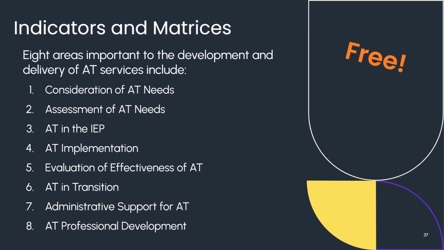Personally, over the years, I found that 7th indicator, administrative support for AT, can be really helpful in advocating to some of your building administrators and supervisors for support with some of this implementation and ensuring that the whole team gets the proper training and the services are there for that student.